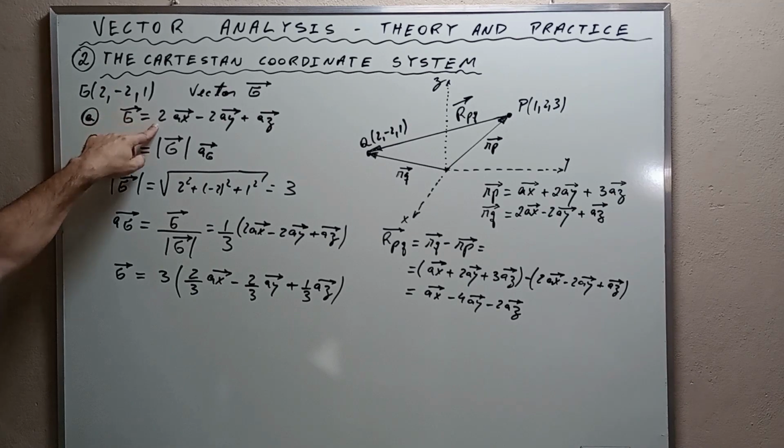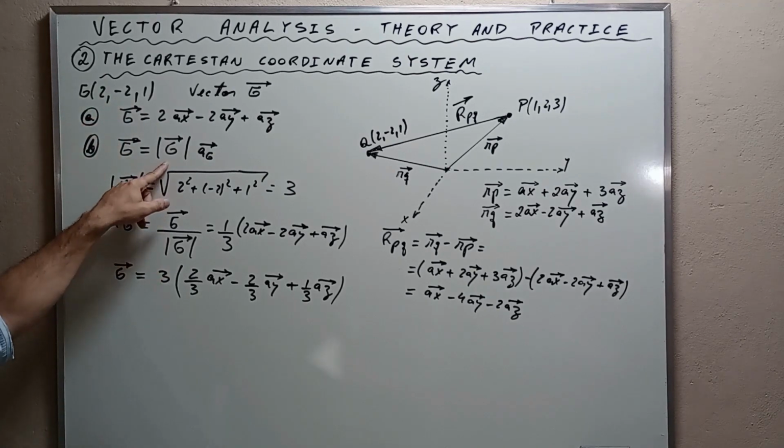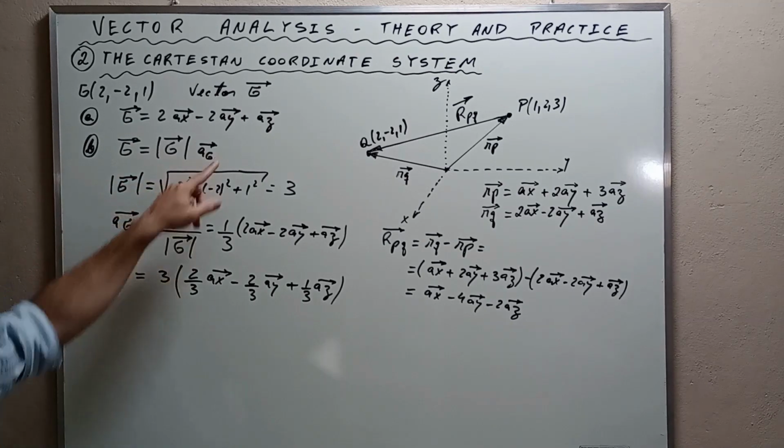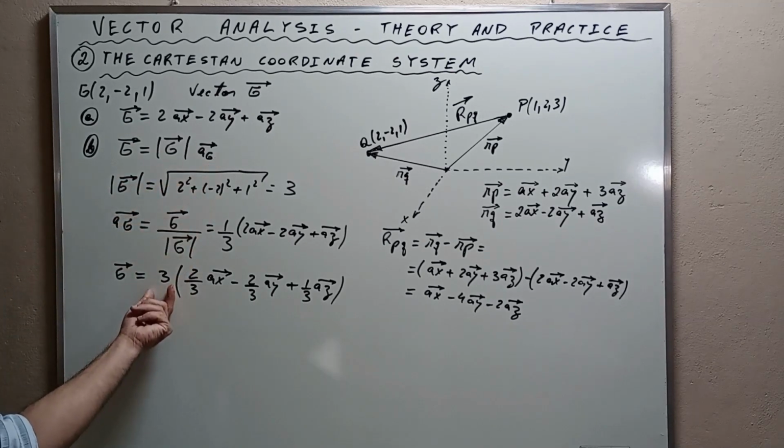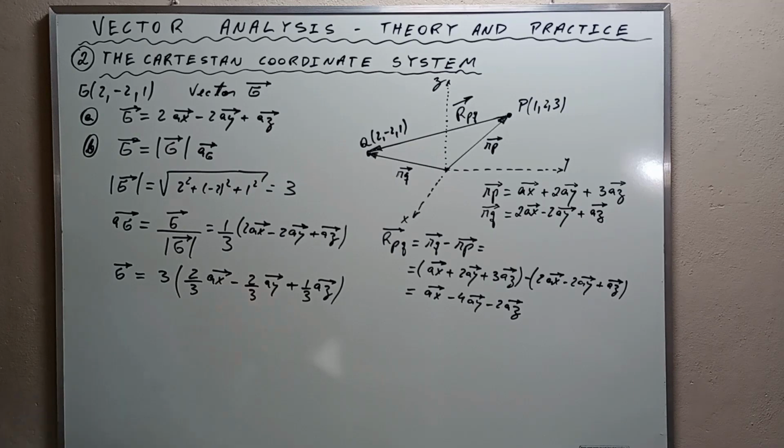This is expressed in x, y, and z, taking directly from the coordinates of the point, and here expressed in magnitude and its own direction. The magnitude is 3 and the direction of the vector is this, okay? This is how we express vectors using the Cartesian coordinate system.